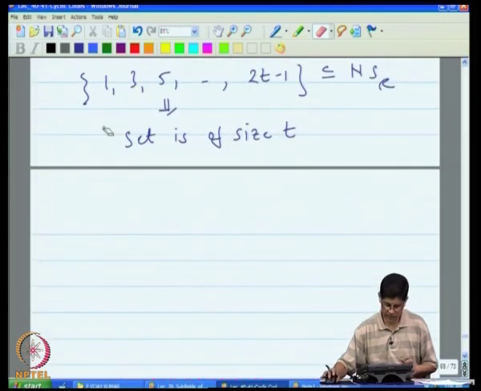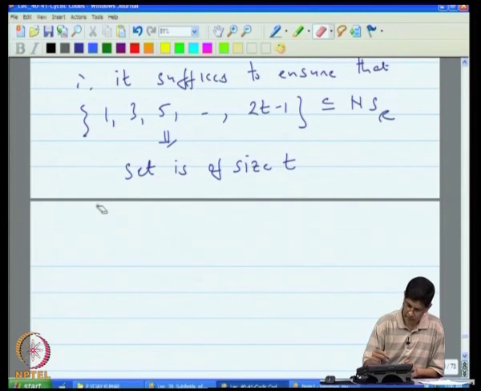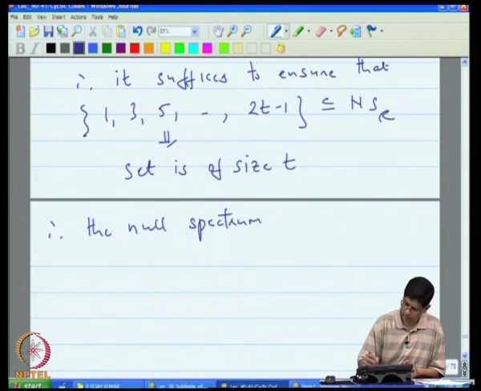This set here is of size t. Therefore, the null spectrum need be no larger than m times t.